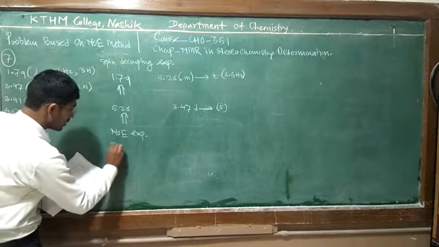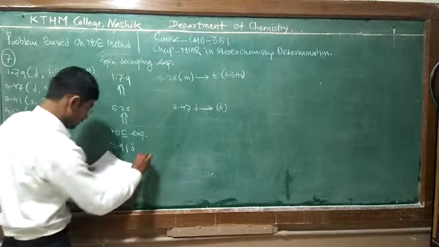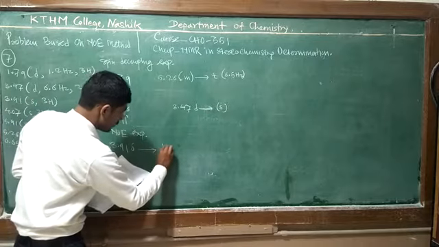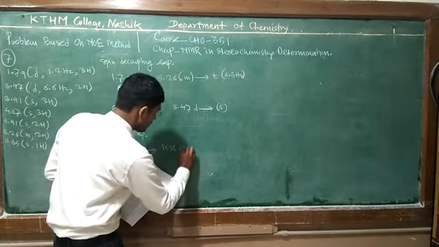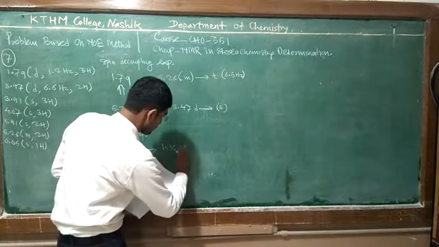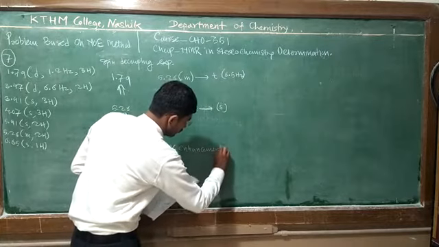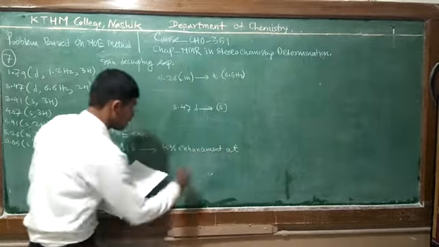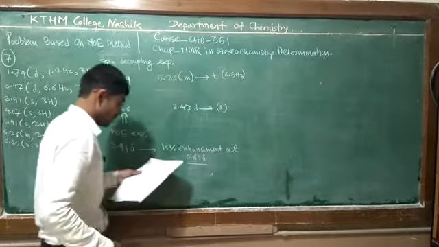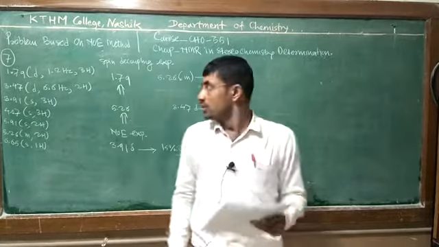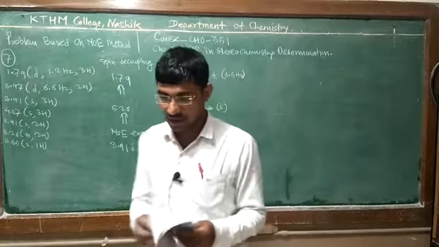On irradiation of the 3.91 delta signal, there is 50% enhancement at 6.65 delta. So these are the signals and the NOE experiment. After that, the structure is given.